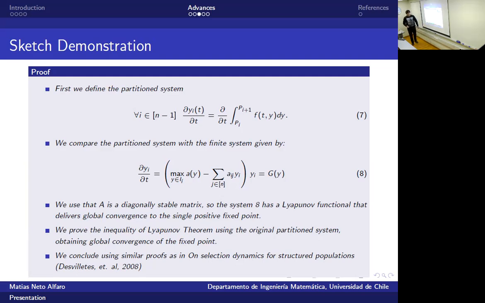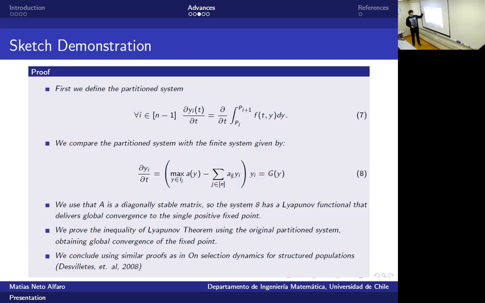So we use the result, but the result gives us a solution for this system, not for this system. But if we use the Lyapunov theorem, we can prove that the inequality holds for this system too. So using that, we deliver global convergence to the partitioned system.